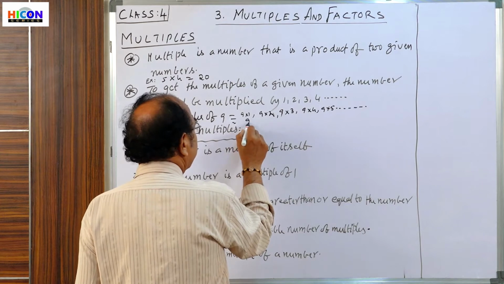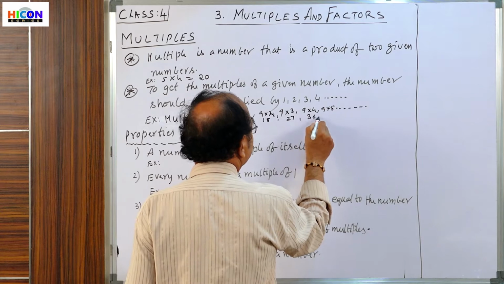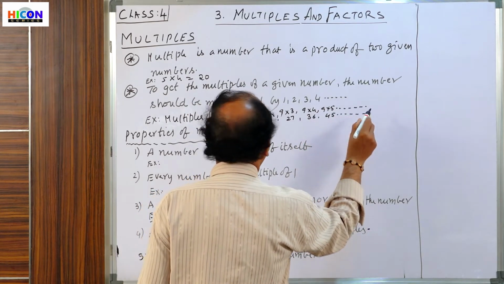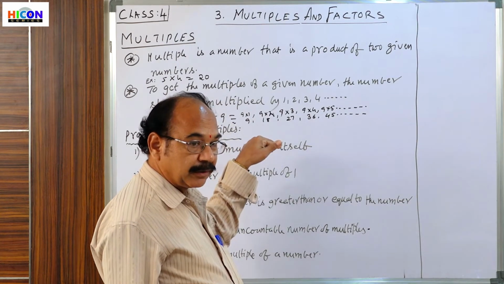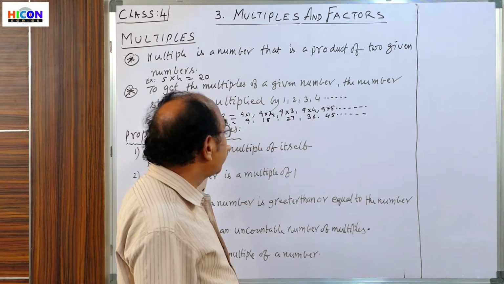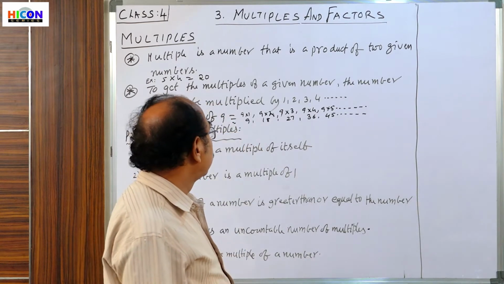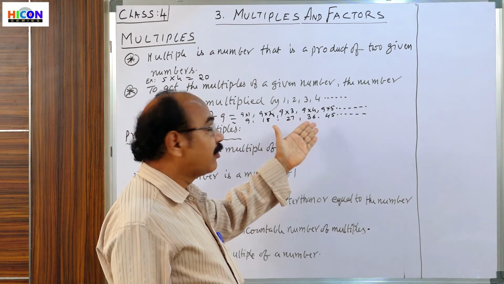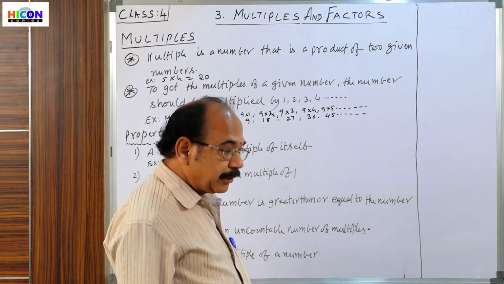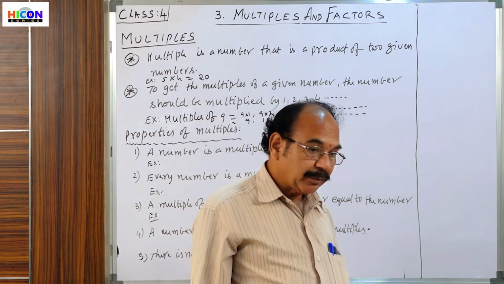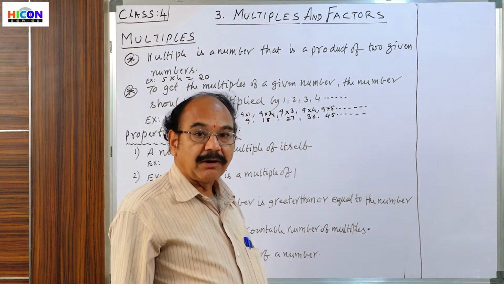That means 9, 18, 9 3s are 27, 9 4s are 36, 9 5s are 45, etc. So the numbers which we get in reading the 9 table are called multiples of 9. So 9, 18, 27, 36, 45 and so on are all the multiples of 9. Like that you can get the multiples of a given number by multiplying with 1, 2, 3, 4, etc.